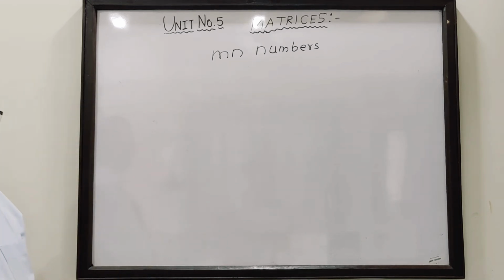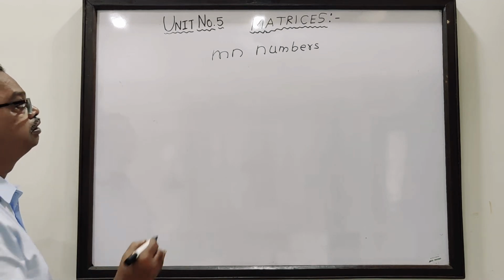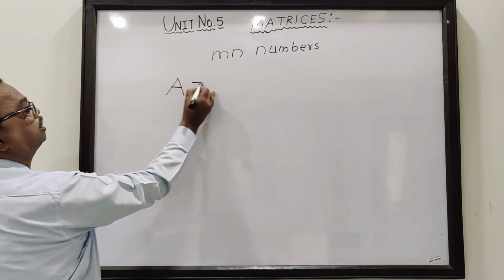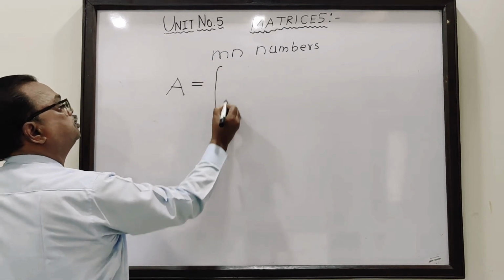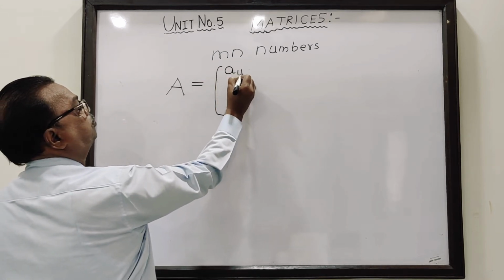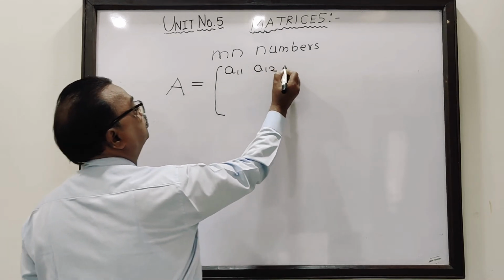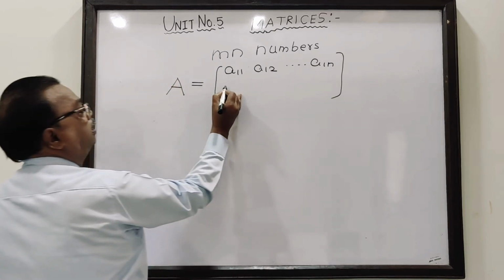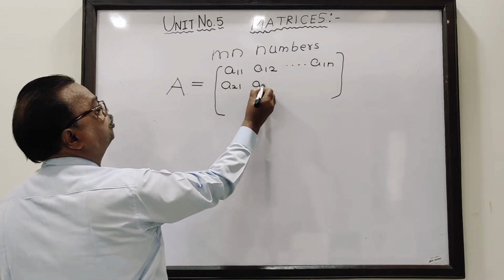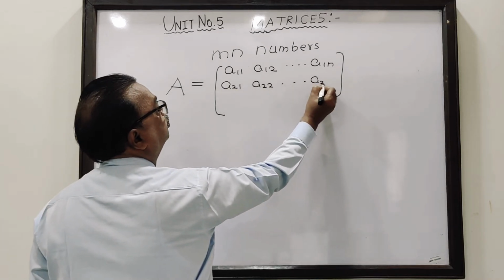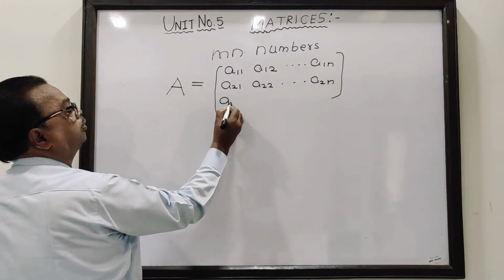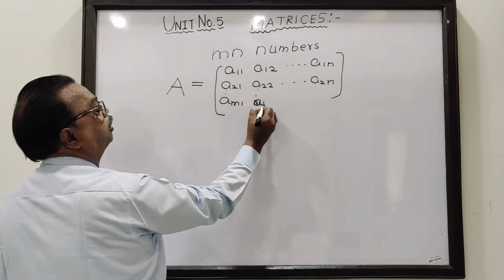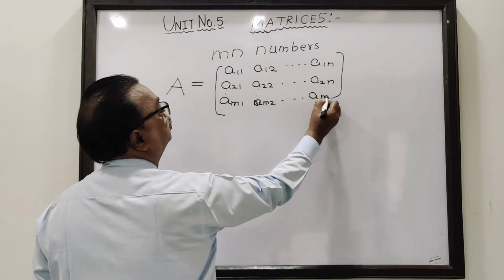Symbolically, a matrix is represented by this capital A is equal to: first row A11, A12, dash, A1n; A21, A22, A2n; dash, Am1, Am2, dash, Amn.